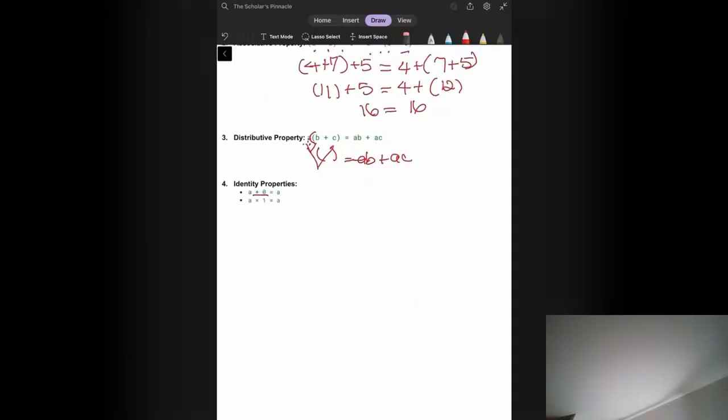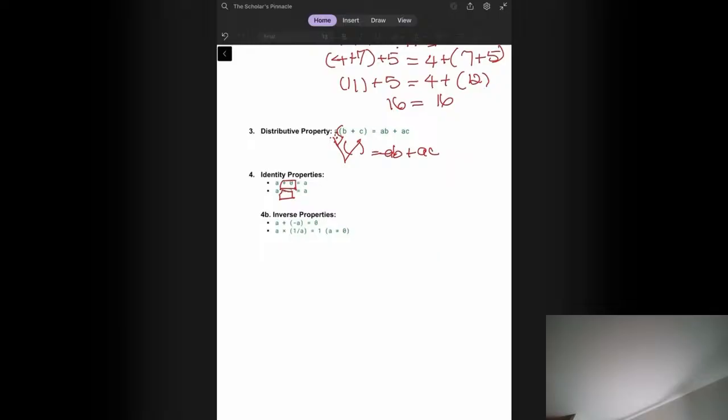This is an interesting one, identity properties. You have A plus 0 and A times 1. They both give you the same answer, A. These are the identity properties as related to algebraic expressions. Under identity properties, we have inverse properties.